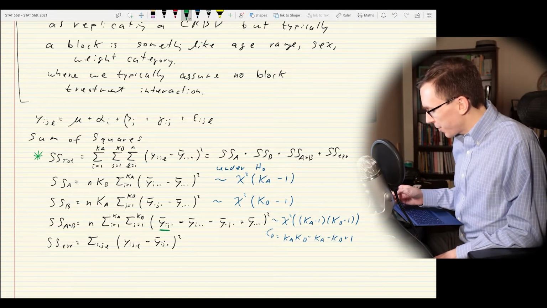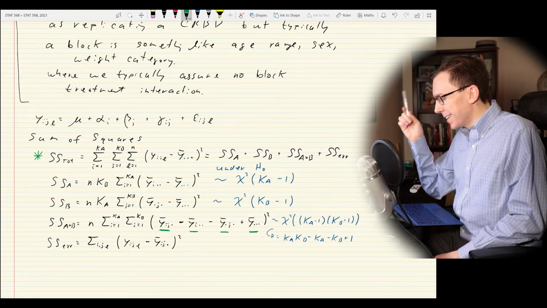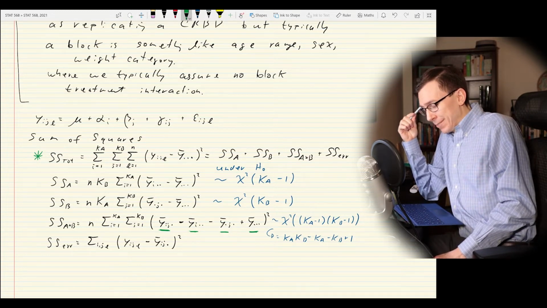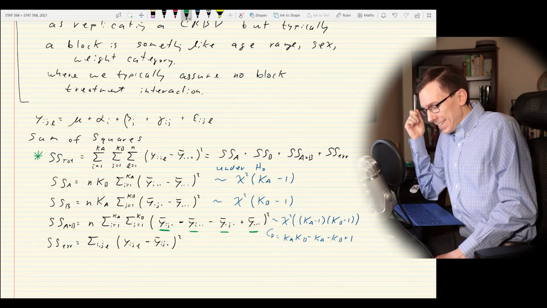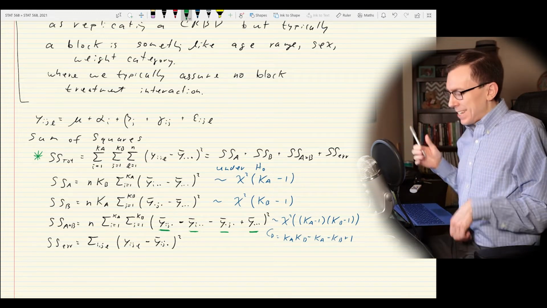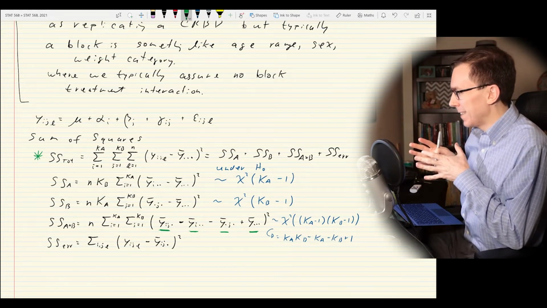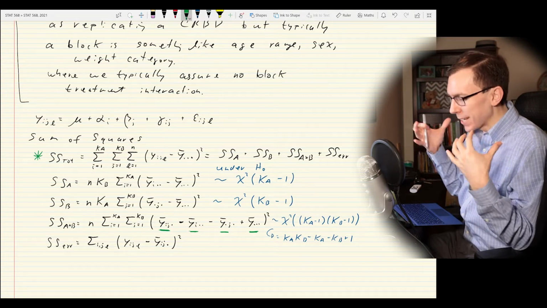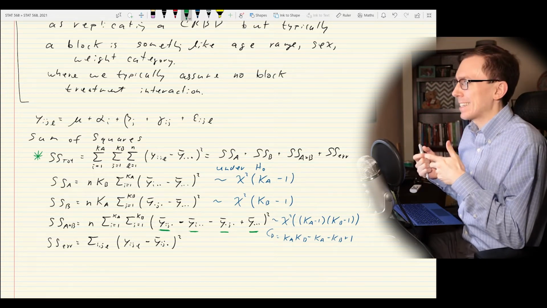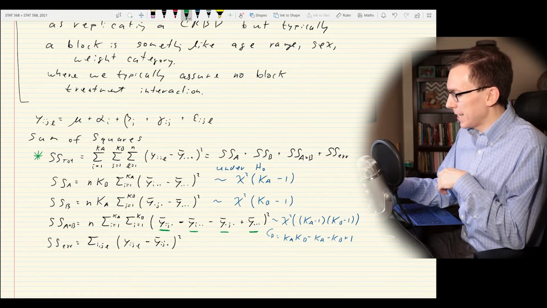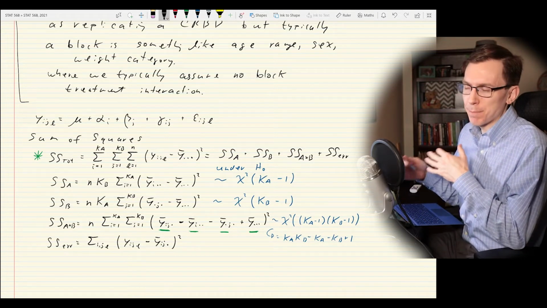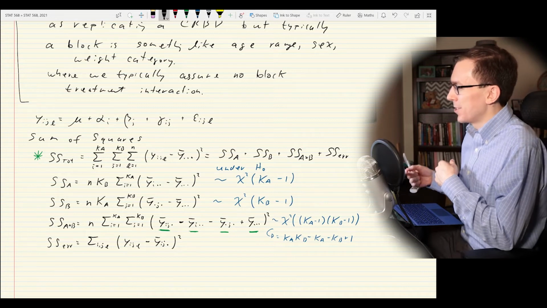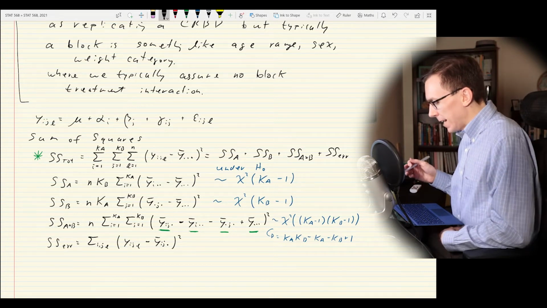Then I have to subtract Ka of these, subtract Kb of those, but I get 1 back from the global mean. Again, it's not always the most satisfying way to go about it, but it allows us to intuitively understand what's going on and not have to go through all of the linear algebra headache of properly using Cochran's theorem to determine the degrees of freedom.